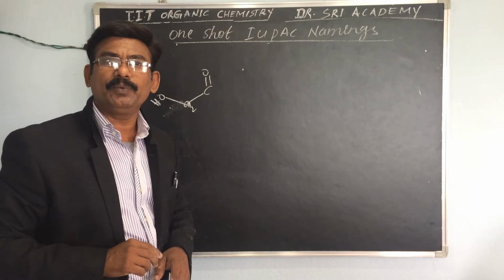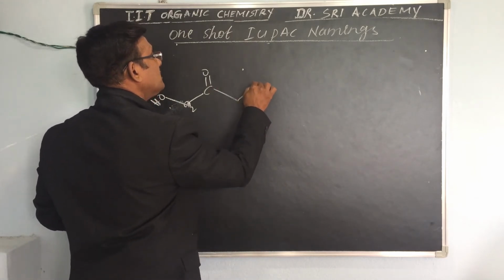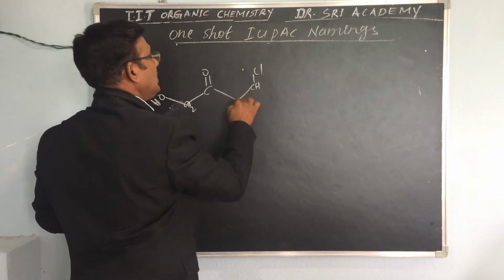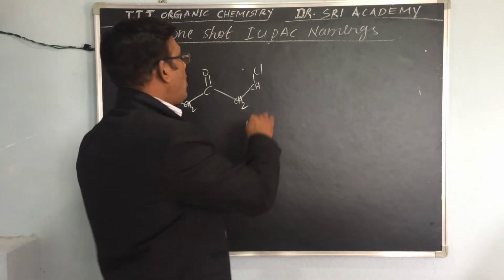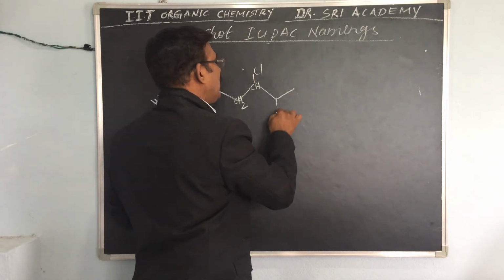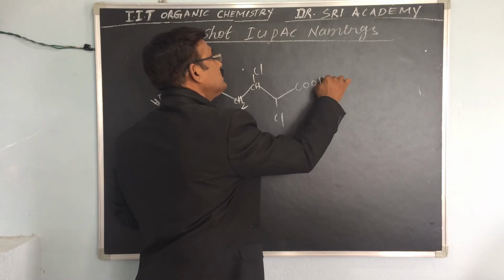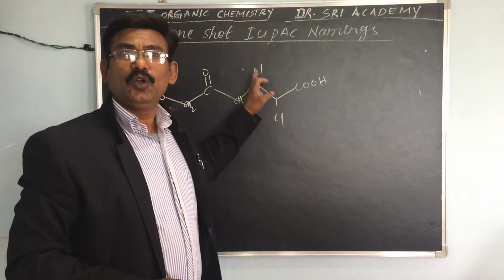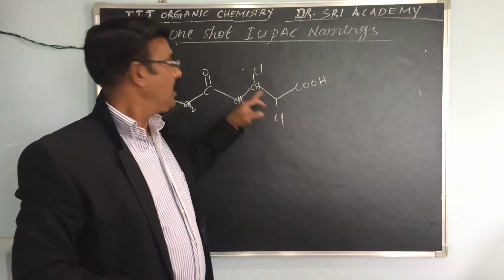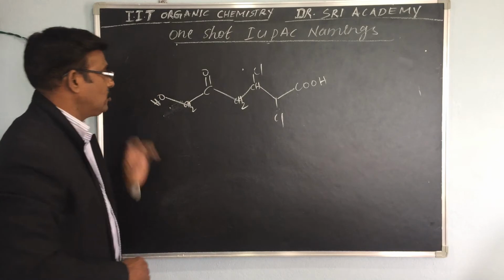One chloro group also: Cl, CH2, Cl, CH2. Two chloro groups, and one acid group. So one acid group, two halogens, one keto group, and one hydroxy group.